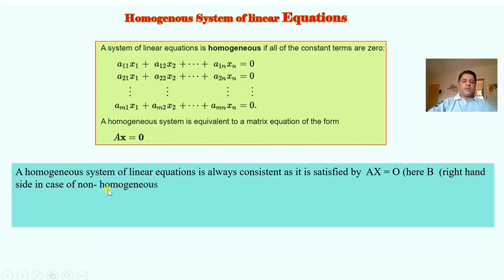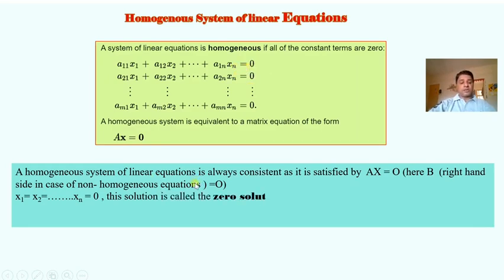In the case of non-homogeneous equations, when this is not equal to 0, when here we have 1, 2, something like that, then such equations are called non-homogeneous, and when it becomes 0 it is called homogeneous. So x1, x2, xn all equal to 0 is a solution.